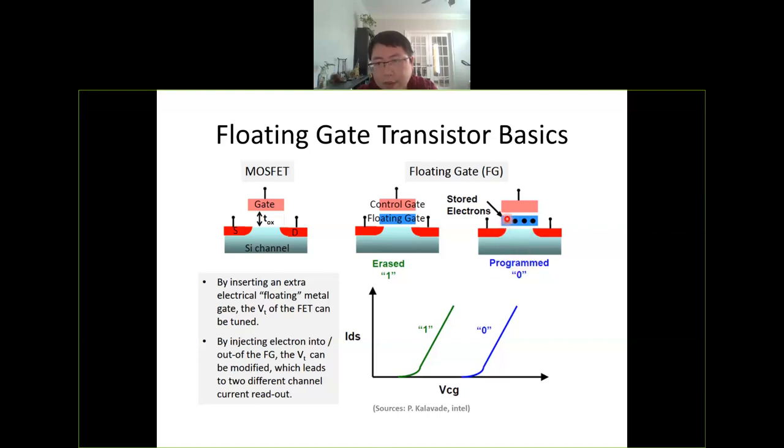And in this case, we are going to have the electrons stored in the floating gate. So here, this is a key difference. We rely on this electron on the floating gate or charge on the floating gate. It's similar to a DRAM, where you have charge on the capacitor. And in this case, we have the charge in the floating gate.